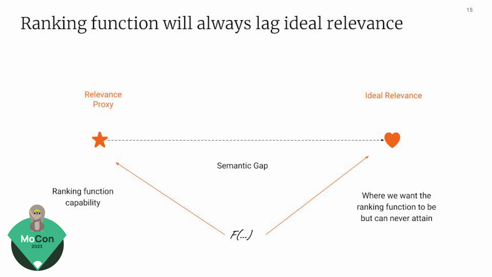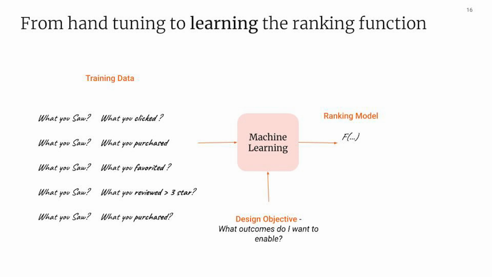Most of the exercise in building a search system is to build a ranking function that can best proxy the ideal ranking function. And we know a mechanism for doing this, right? We've been living through it, which is machine learning and AI: let's use the data from buyers and use machine learning to build this ranking function, which is what we'll do next.